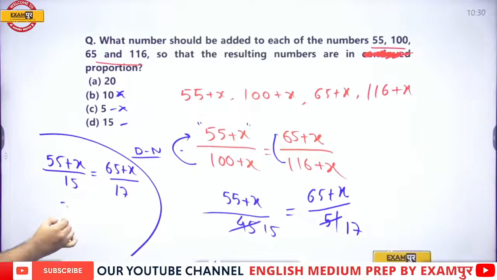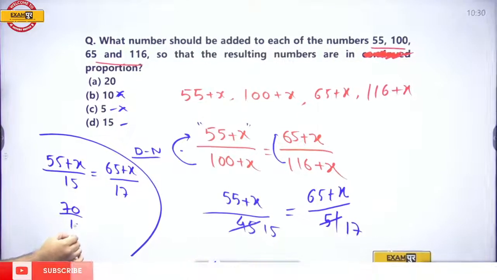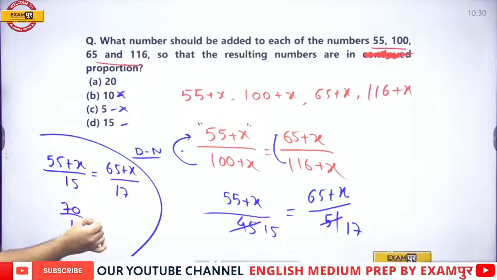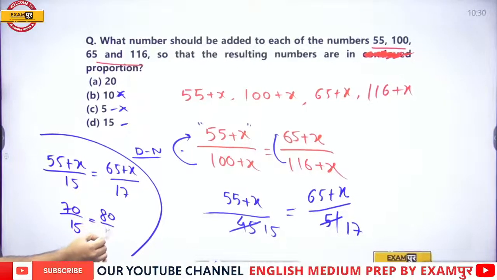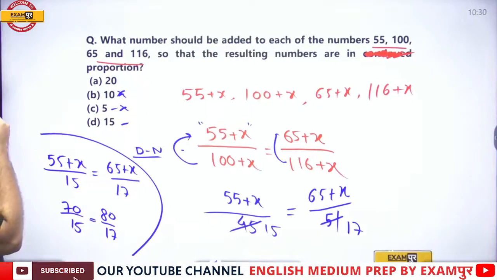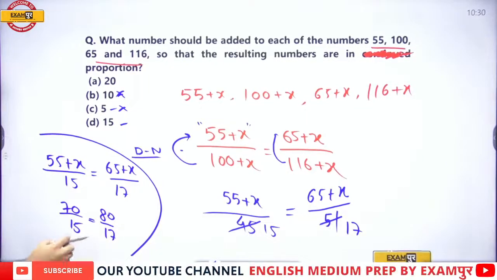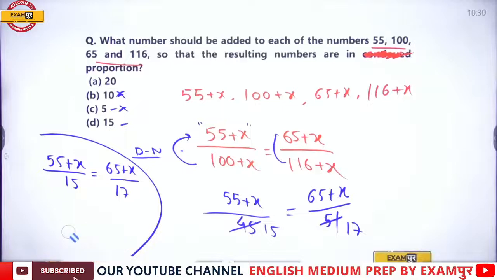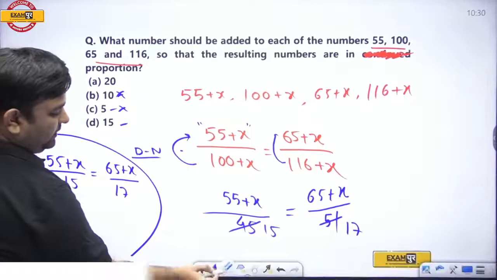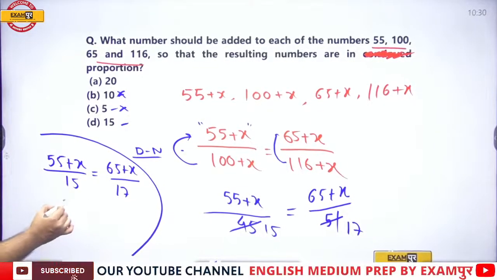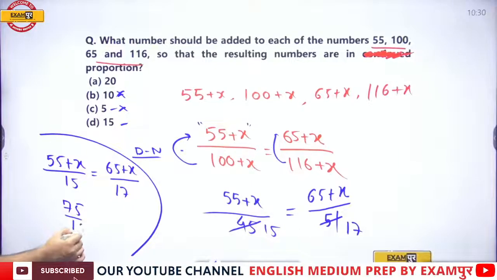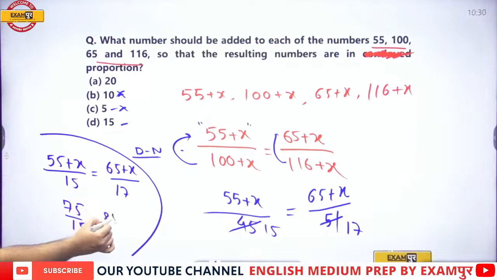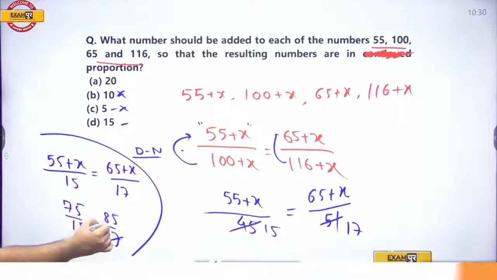It will become 70 by 15 and 85 by 70. Is it satisfying? No. Take 20. So it's 75 by 15 and 85 by 70. Yeah, 5 times.